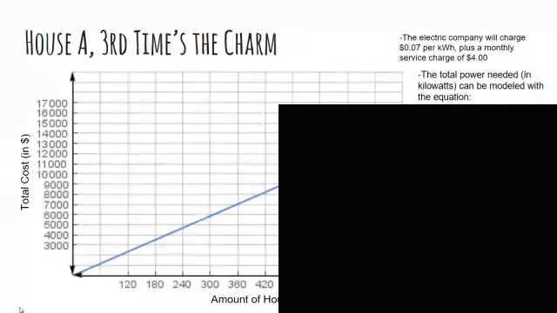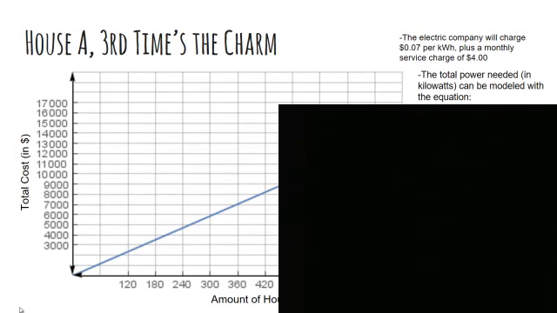House C, third time's the charm. For this, the electric company will charge about 7 cents per kilowatt plus a monthly service charge of $4. The total amount of power that we got for the equation would be 278.44 minus 78.84i. And the hourly charge for the use of electricity can be modeled by the equation that we got, which is 19.49x plus 4.